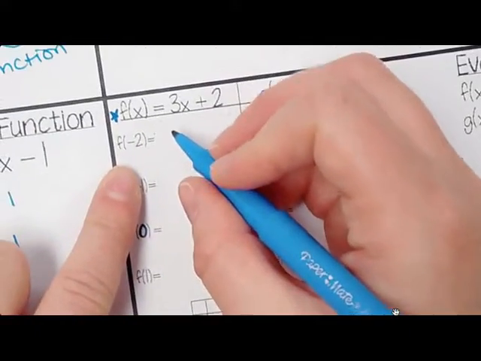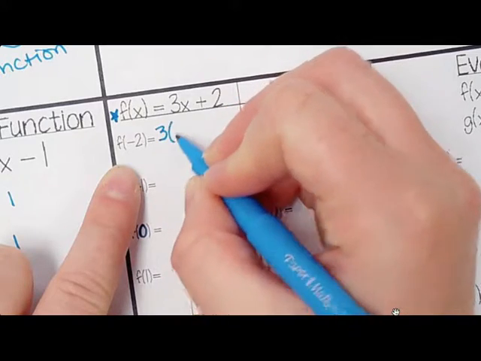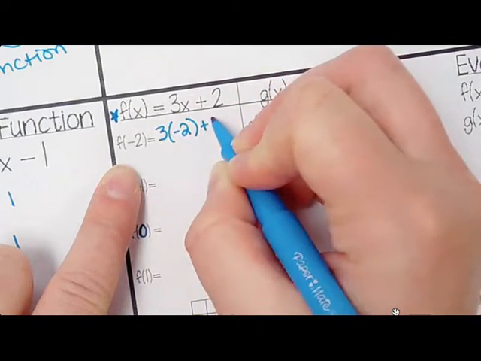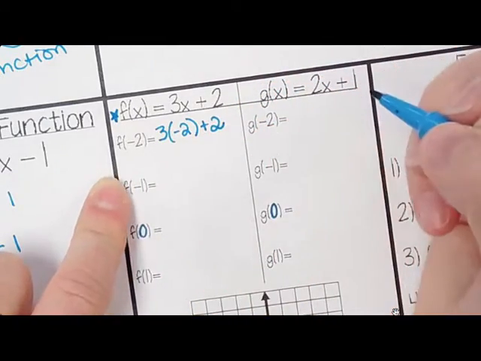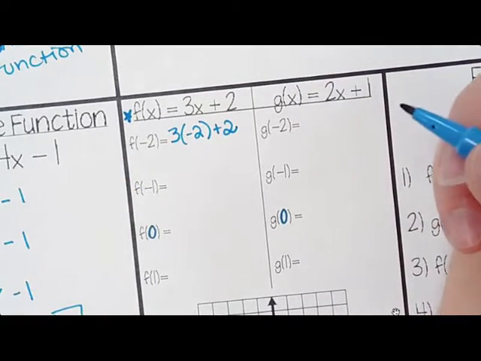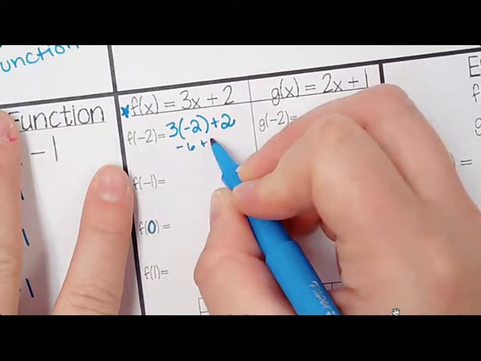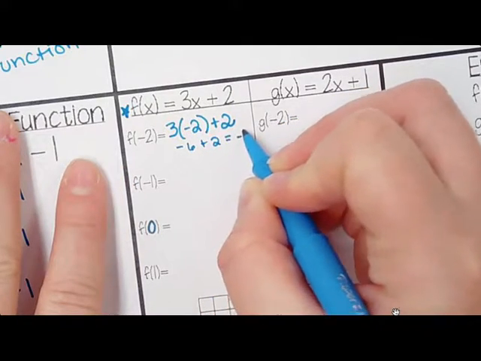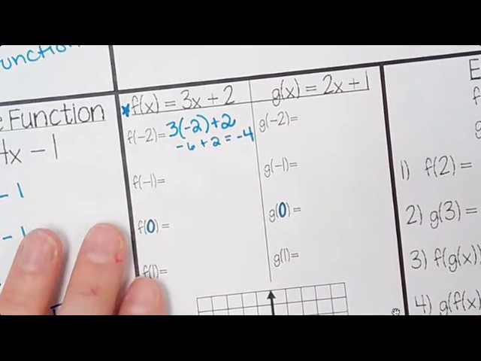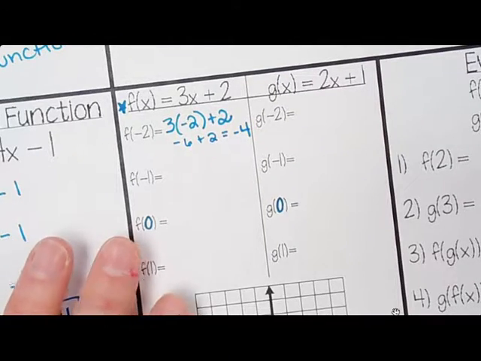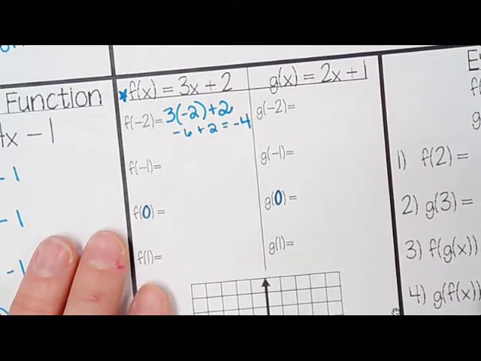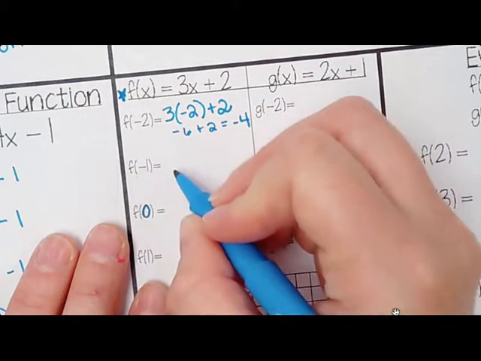So we are going to input, so it's going to be 3 times a negative 2 plus 2. So that's a negative 6 plus 2 equals negative 4. Then the next one we have negative 1.